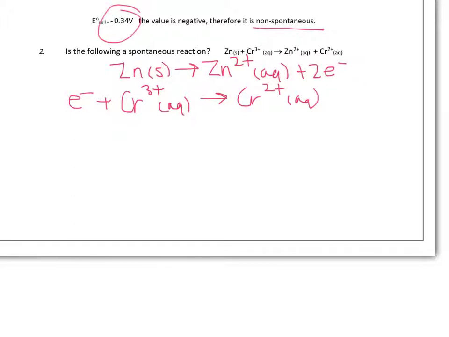Notice that we do not need to write the overall reaction, therefore it does not matter that the total number of electrons lost does not equal the total number of electrons gained, because again, we don't need to write the overall. We do, however, need to identify if they're oxidation or reduction.